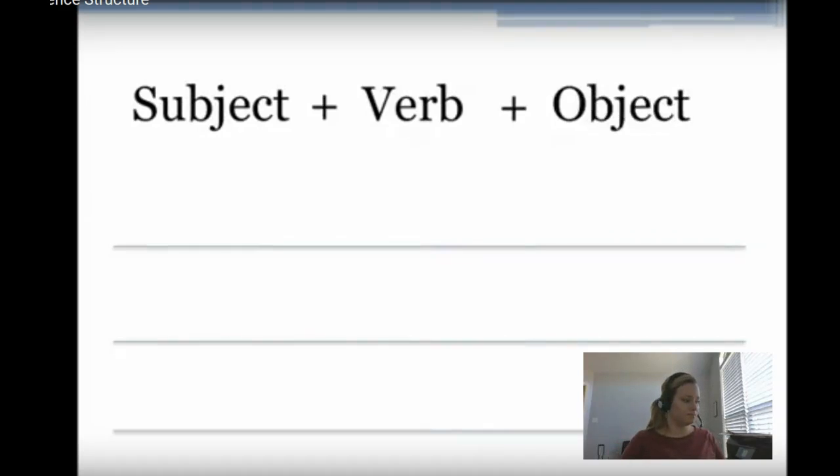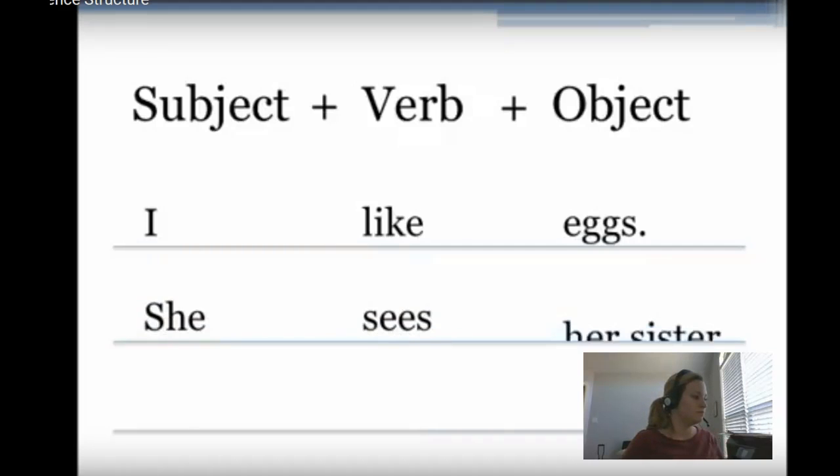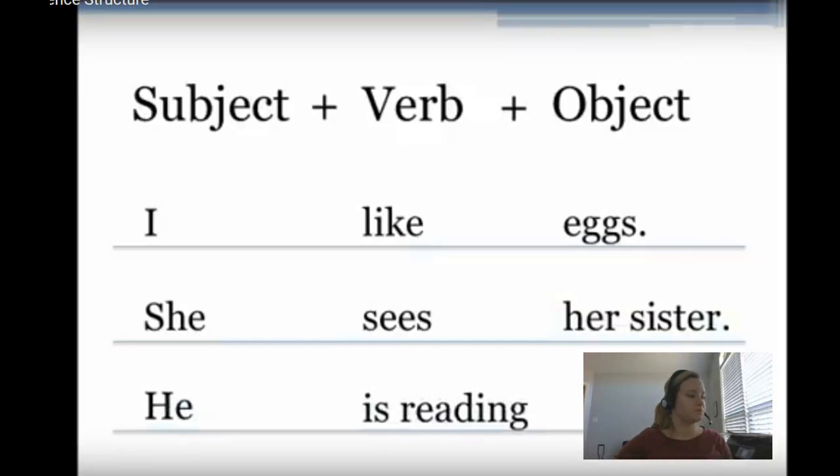This is what we just studied. I like eggs. In this sentence, we have a subject, I, a verb, like, and an object, eggs. She sees her sister. He is reading a book.